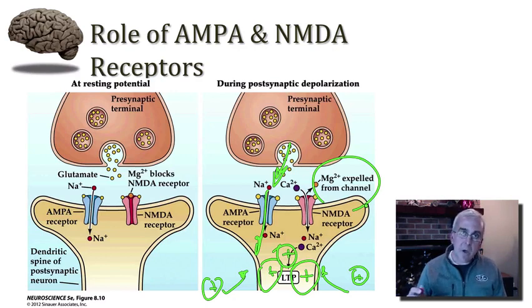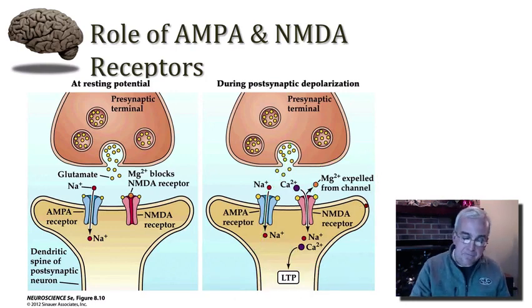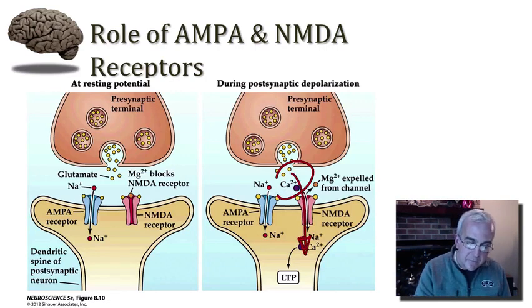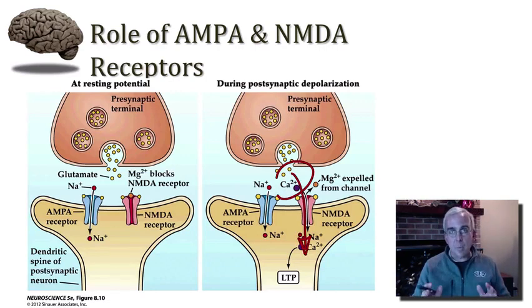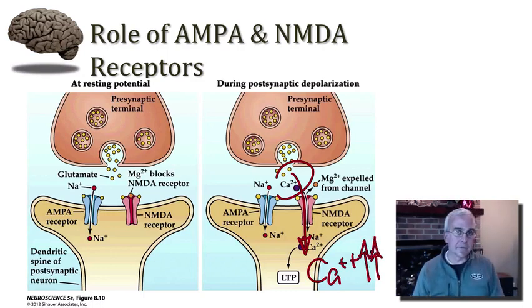So all three of those cations are going to be involved. The one that I would highlight, however, is calcium. So calcium, a very important molecule for reasons that will be clear in just a moment, enters through the NMDA receptor channel. And with a significant depolarization, we would expect there to be a rapid elevation of postsynaptic calcium levels to a significant degree in this stimulated synaptic junction.